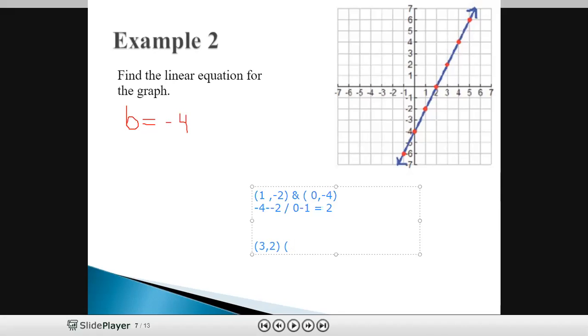What else? 4 and 4, and we will go up till 4. So we have, yes, 4 and 4, right here.